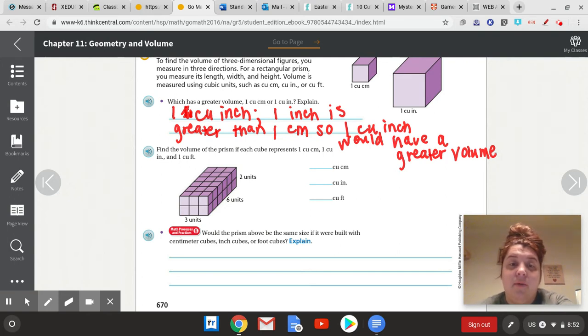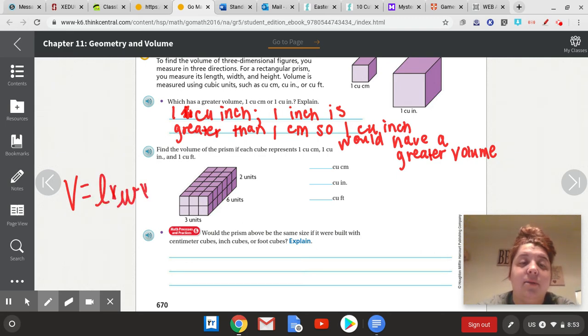So now it tells us here to find the volume of the prism if each cube represents 1 cubic centimeter, 1 cubic inch, and 1 cubic foot. Remember, volume of a prism equals length times width times height. All right, and you're going to do 3 times 6 times 2.